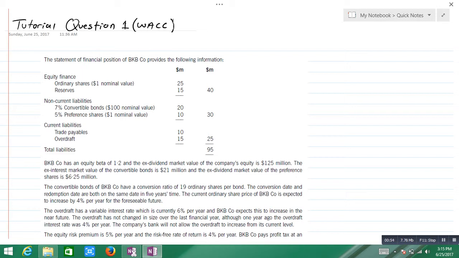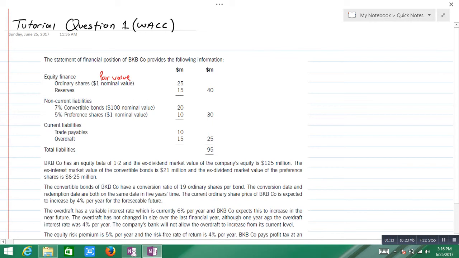Equity finance is given. Look at the equity finance. Ordinary shares, $1 nominal value, which is your par value. Okay, so this is your par value. Don't forget.